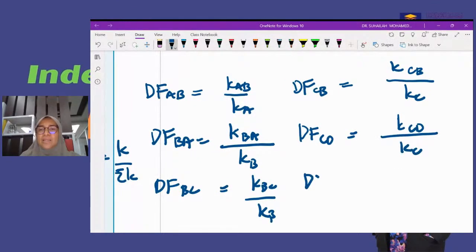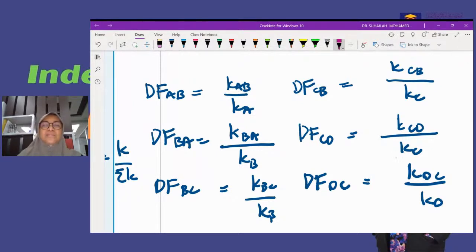And DF for DC is KDC divided by KD. Since both A and D are fixed, we get these as 0. So we have 4 distribution factors to be determined.